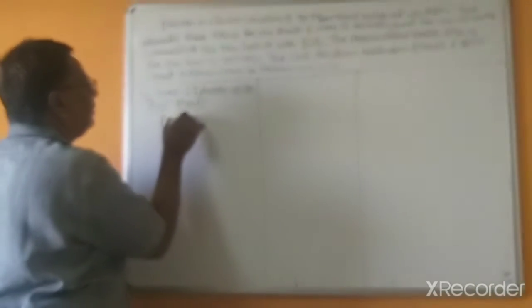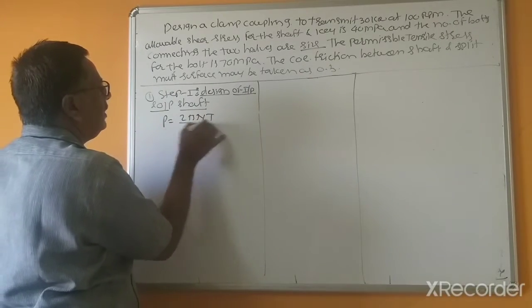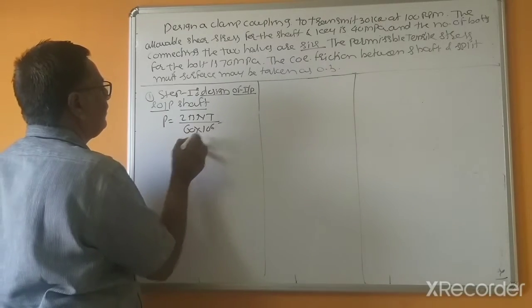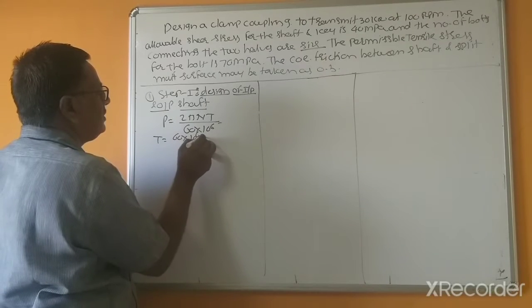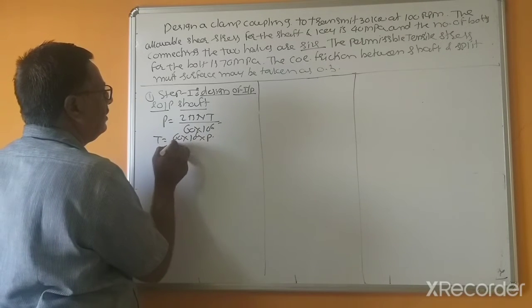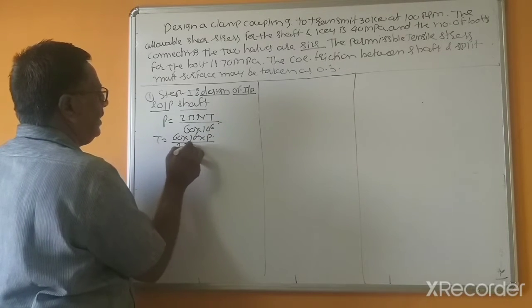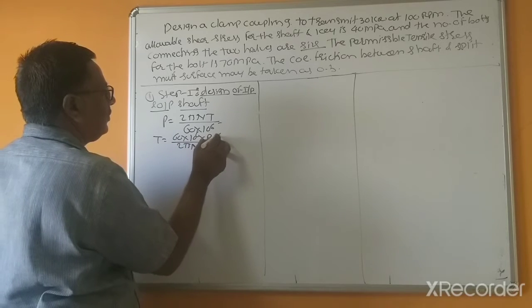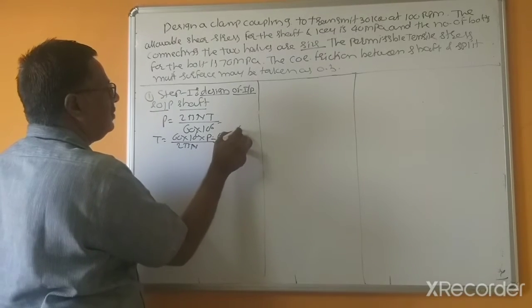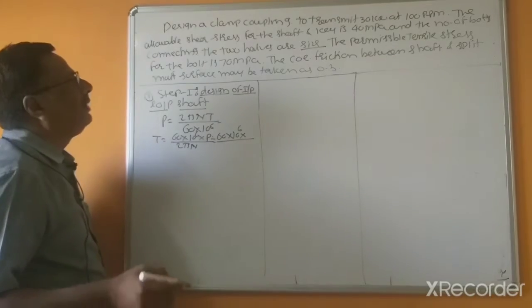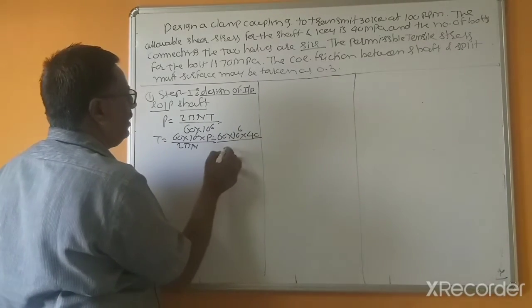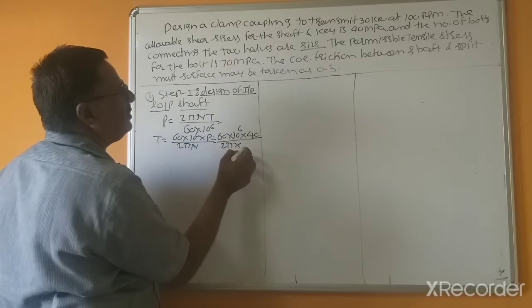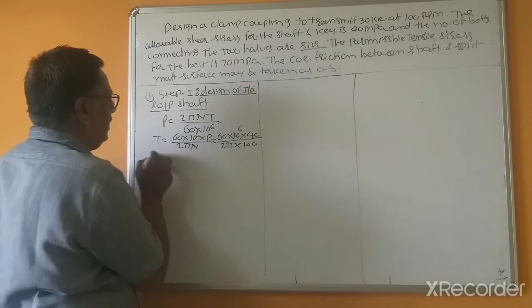P equal to 2 pi N T divided by 60 into 10 to the power 6, so T equal to 60 into 10 to the power 6 multiplied by P divided by 2 pi N. P is the power to be transmitted, 40 kilowatt, and N, the RPM, equal to 100.